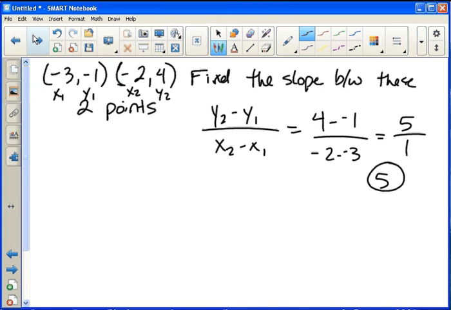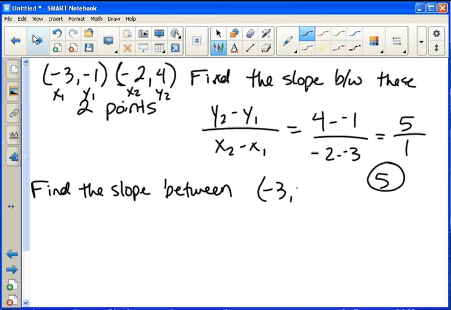Okay, we'll quickly do one more. Let's say we're going to find the slope between (-3, 4) and (2, -2). Again, just make sure whatever point you start with, you do first on the top and the bottom.